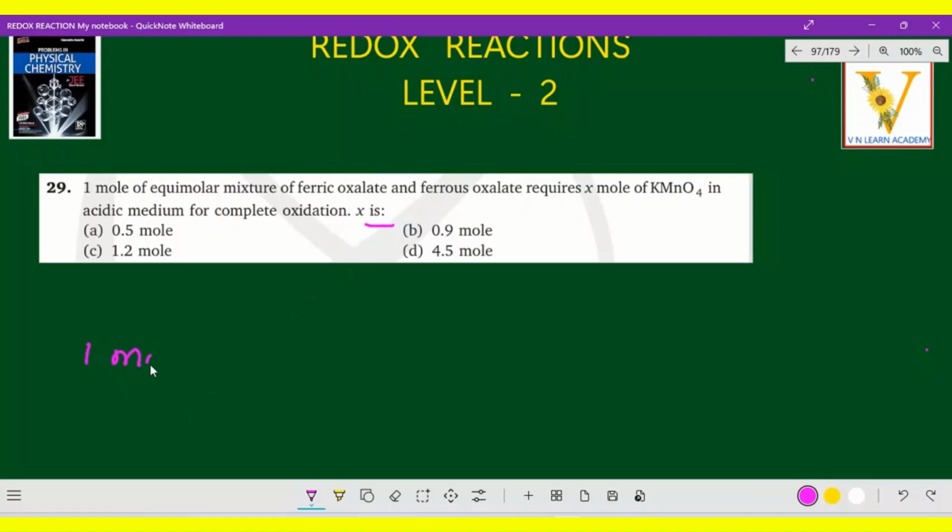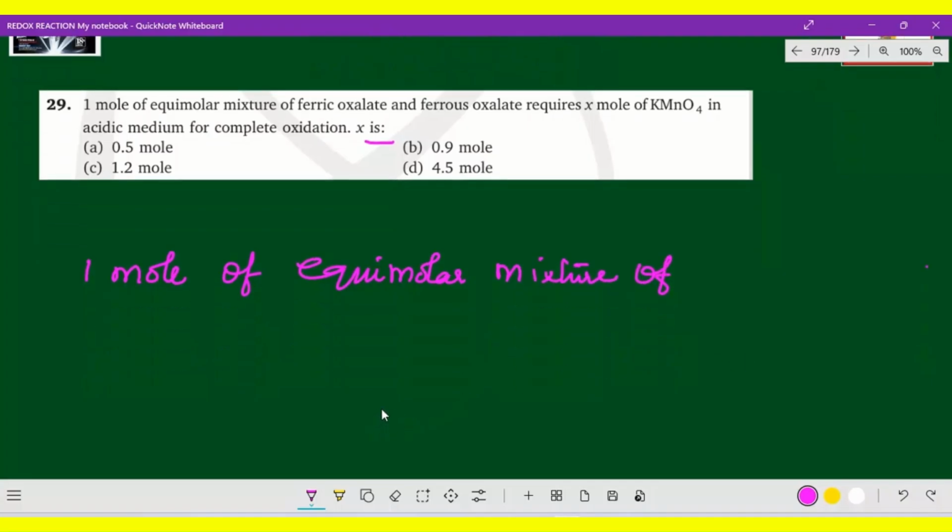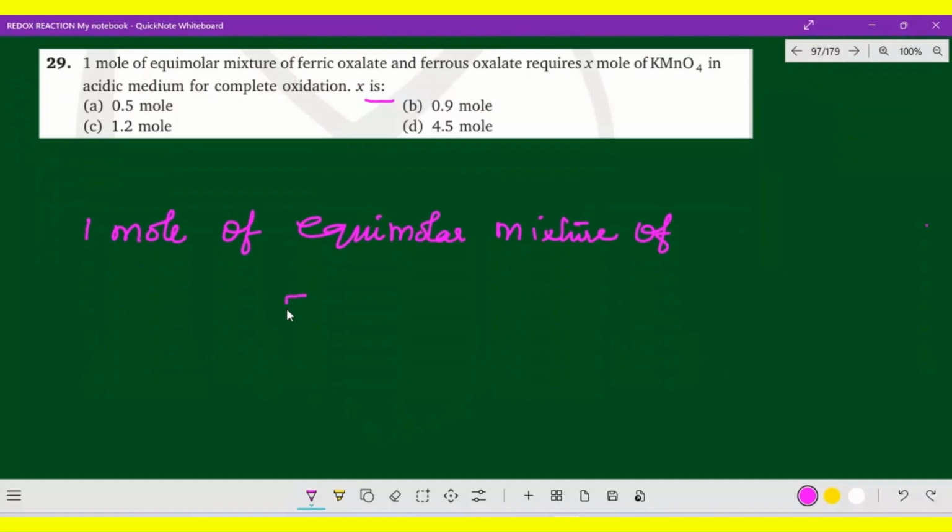So 1 mole of an equimolar mixture of ferric oxalate and ferrous oxalate. Ferric oxalate, what is the formula? Fe2(C2O4)3.